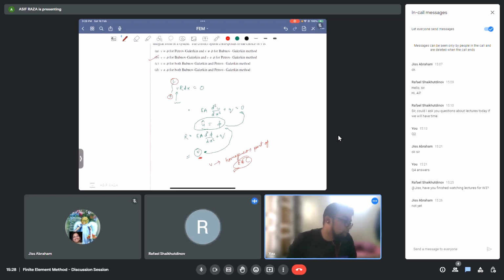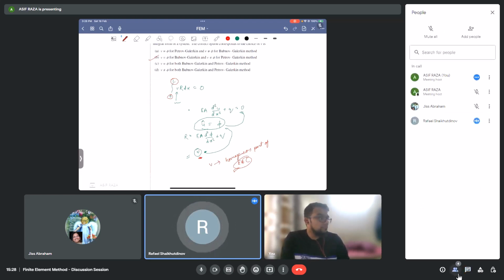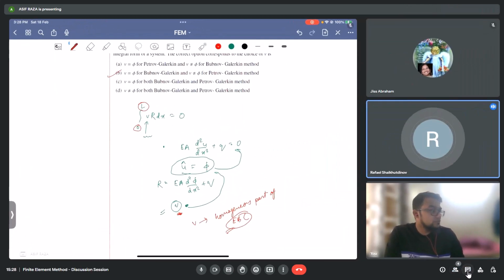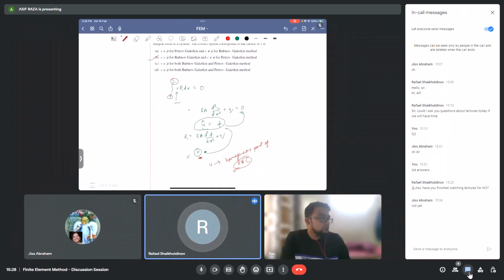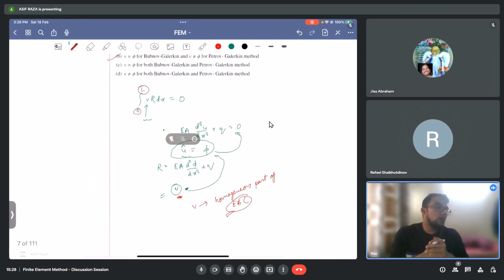Okay. I just want to build a parallel between the variational statement and the weighted statement. I feel something is unclear here, because in the variational sense we need to satisfy boundary conditions. I can say one thing: we just need to satisfy the homogeneous boundary condition.